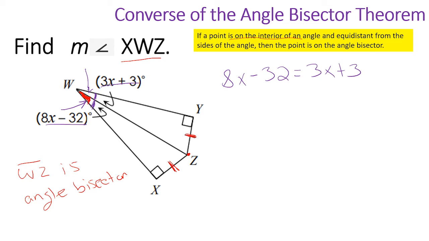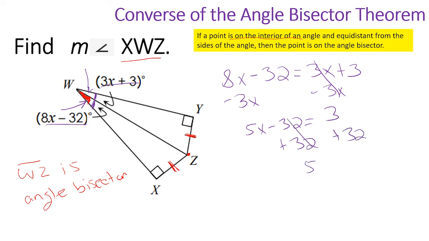And so we can just solve for x by doing inverse operations, subtracting 3x, 5x minus 32 equals 3, adding 32, 5x equals 35, dividing by 5. So x is 7. We're not done because we're asked to find the measure of angle XWZ.